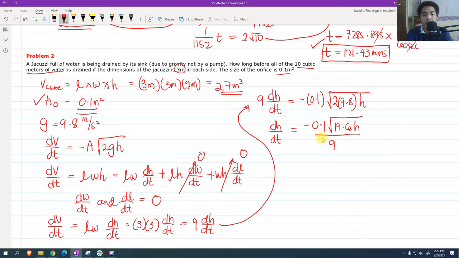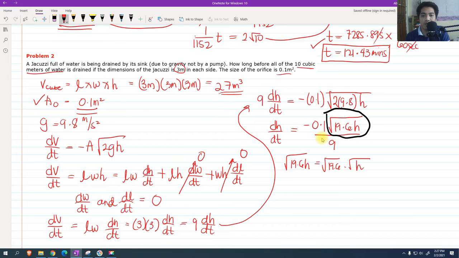And we're going to use the property of radicals in this equation to isolate h. We can rewrite the square root of 19.6h as the square root of 19.6 multiplied by the square root of h, so I can factor out the square root of h.